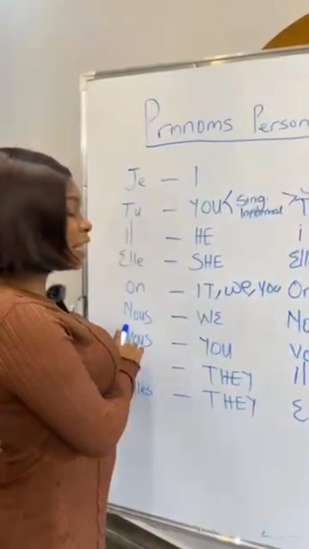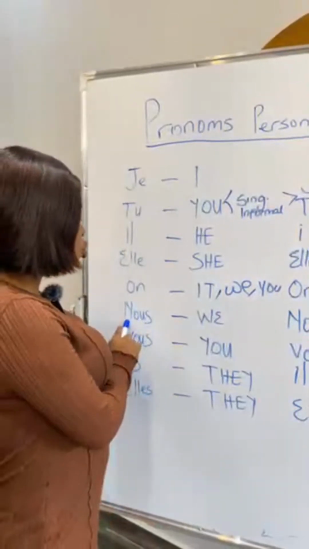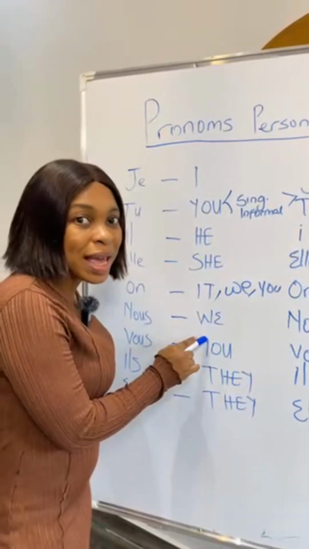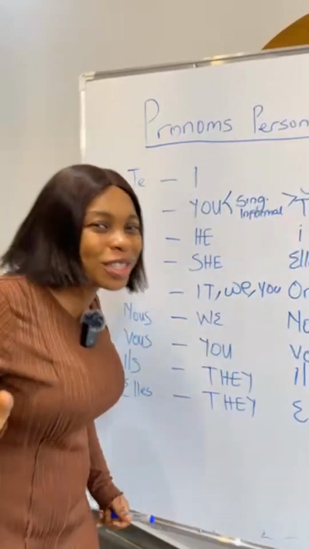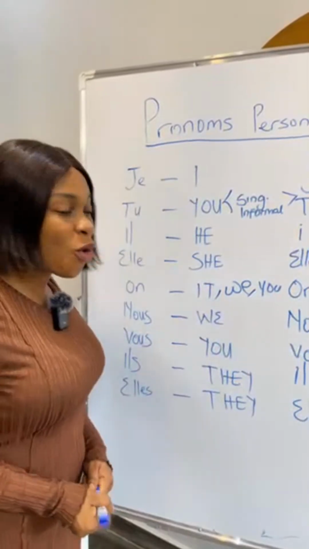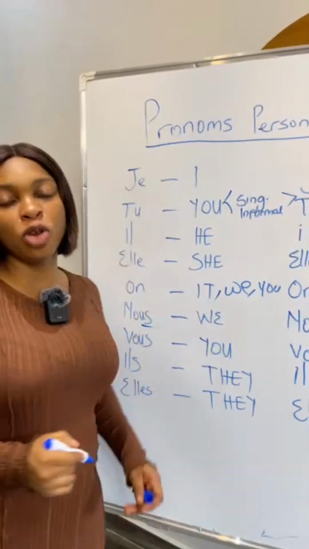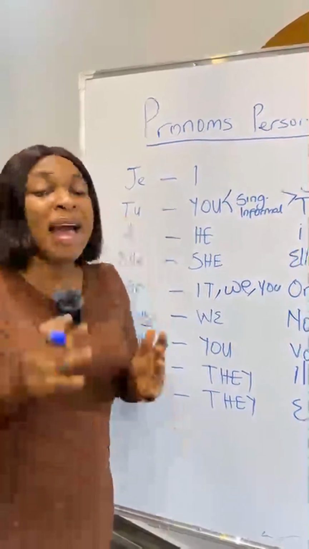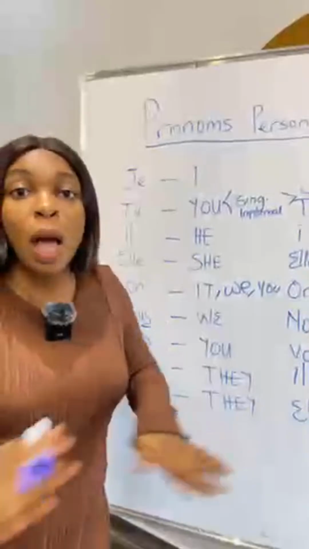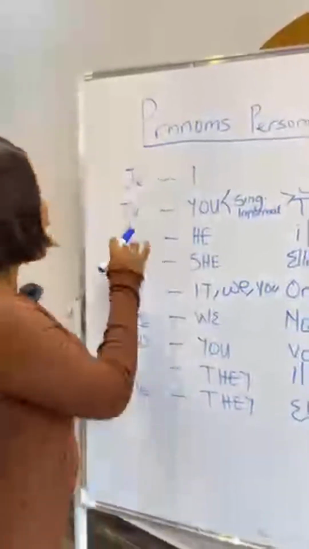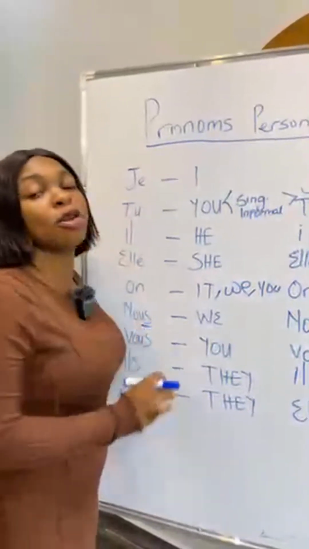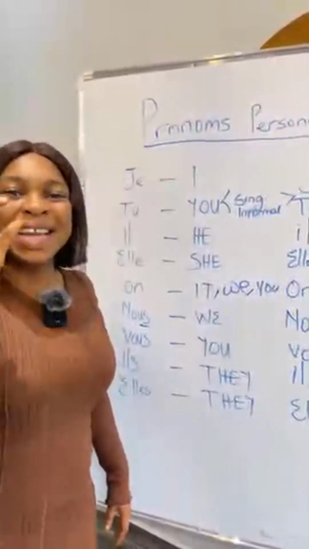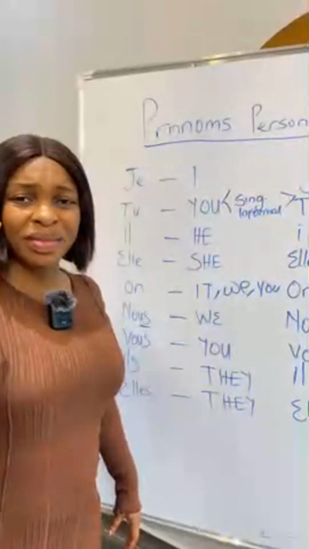So now the next is nous. Nous. Meaning we. So look at it. I didn't say nous with an S sound. Guess what? This S is also not pronounced. So what does that tell you? That most times in French, please take note, most times, not all the time, letter E and letter S are not usually pronounced at the end of a word.